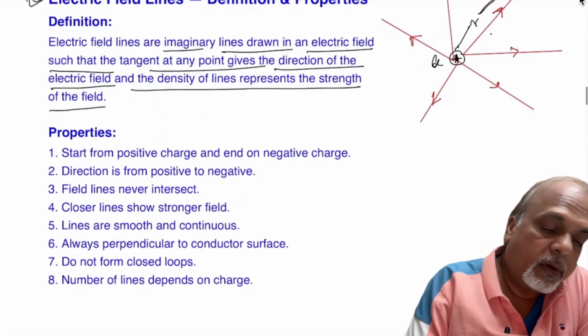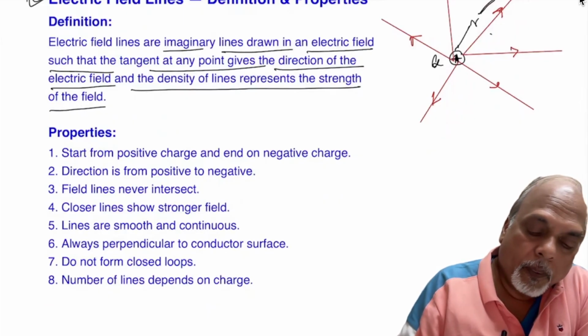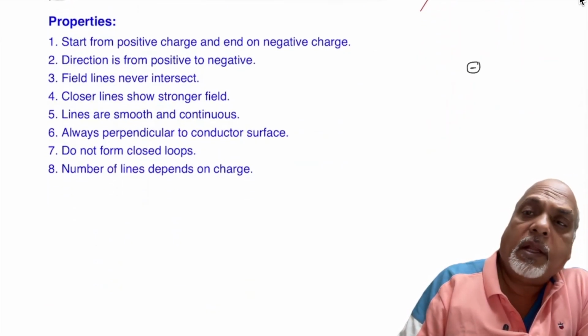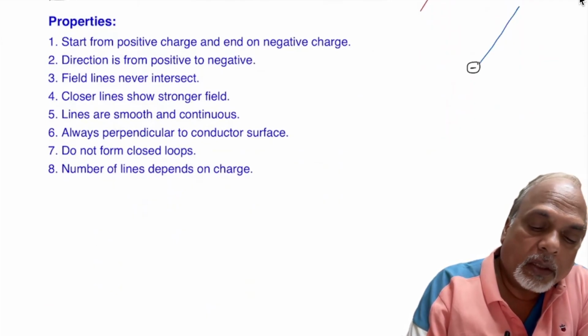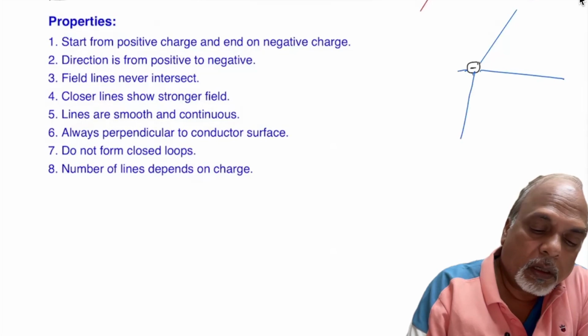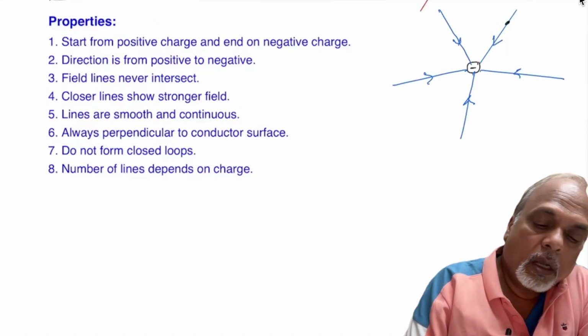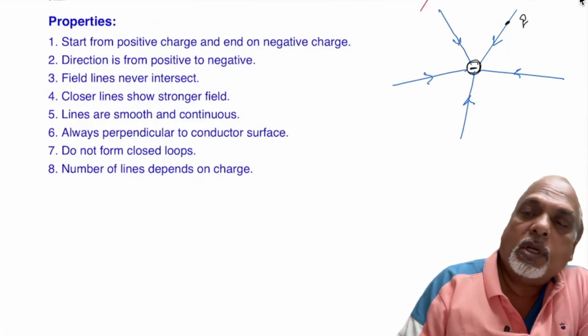Now, in case of a negative charge, the electric field lines are directed towards the charge like this, because if you place any charge Q, here it is a positive charge, here it is a negative charge, opposite charges are there.